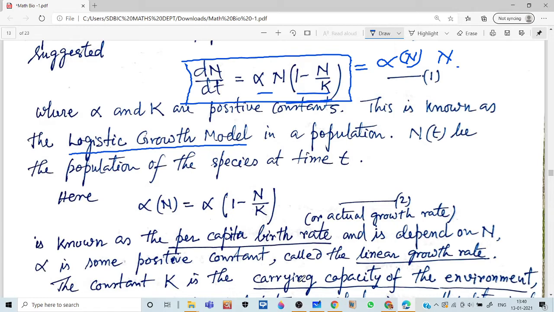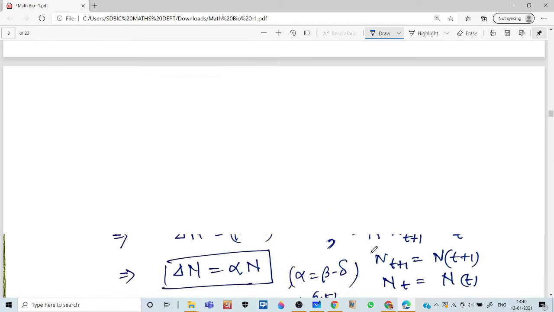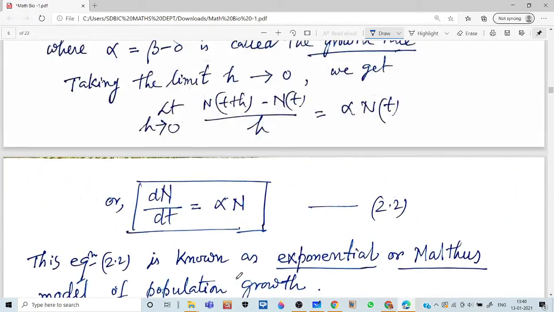In the exponential model we assumed dN/dt equals alpha N, where alpha is some constant.